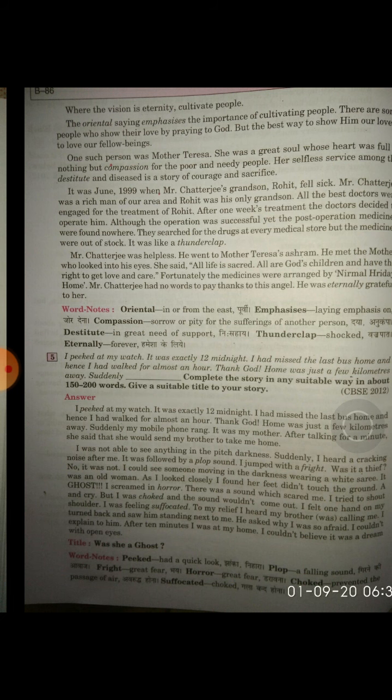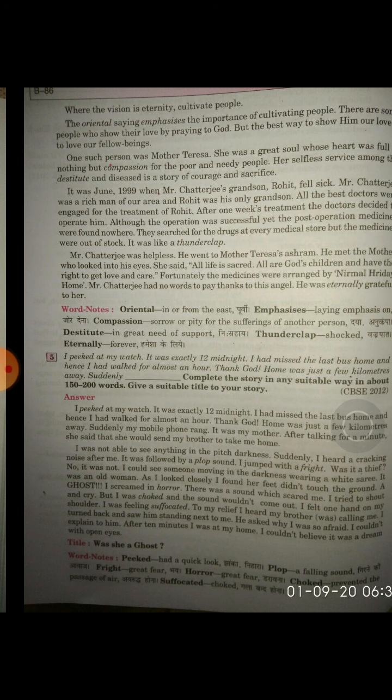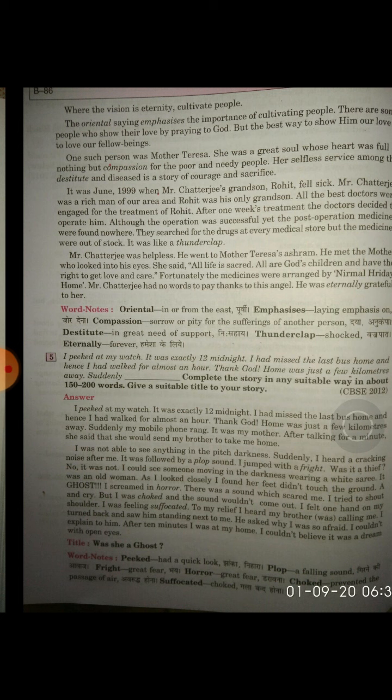Where the vision is eternity, cultivate people. These dialogues are very important. You must remember this. The Oriental saying emphasizes the importance of cultivating people.